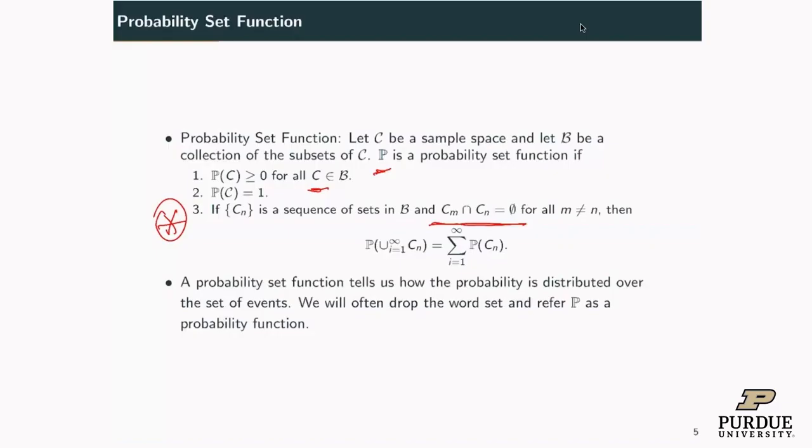A probability set function tells us how the probability is distributed over the set of events. We will often drop the word set, and refer to P as a probability function. P is a probability.